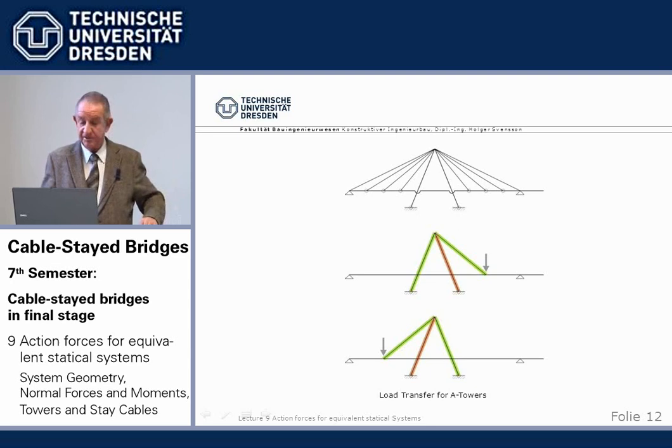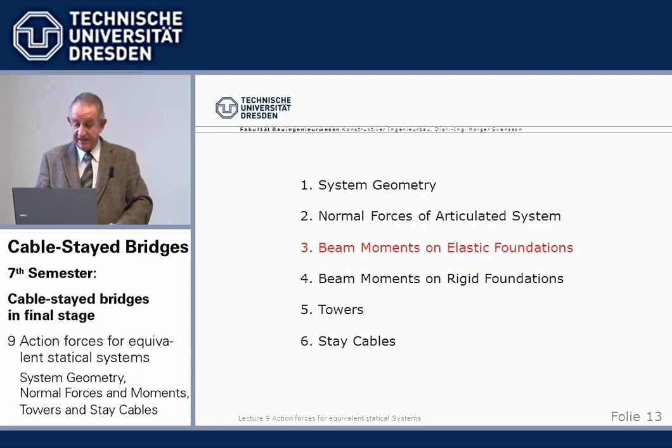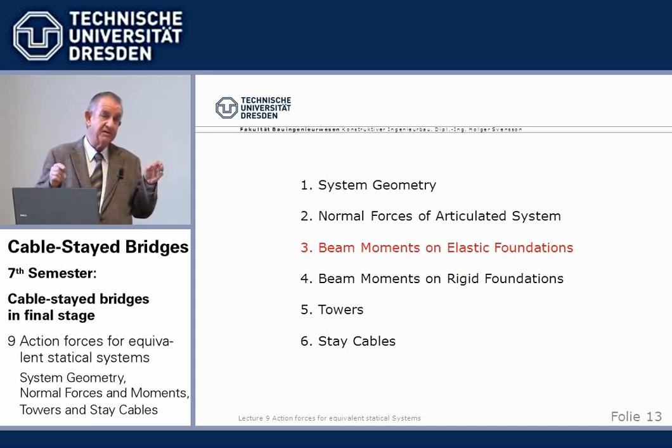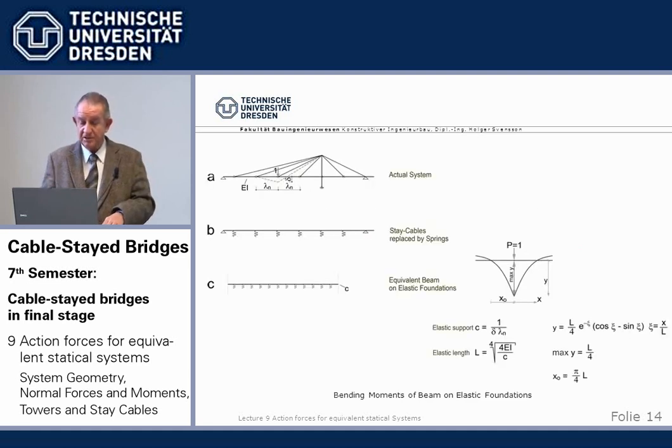Something is wrong. Okay. If we want to calculate the beam moments, then we use as an equivalent system a beam on elastic foundation, ein elastisch gebetteter Balken. How do we go by it?